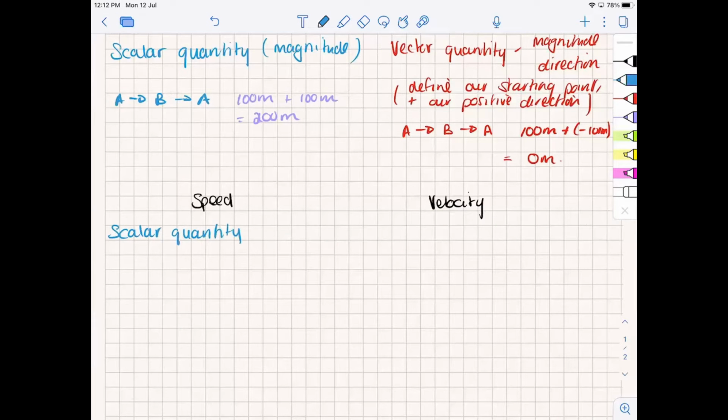So it only has magnitude, right? In other words, it can only be positive. Or it's an absolute value. Or it's an absolute value, okay?